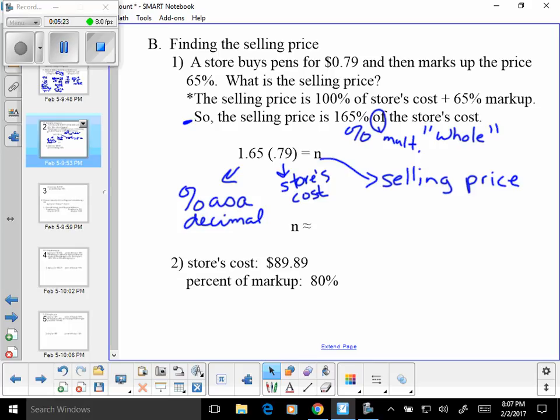If you really have a problem with this, come and see me and I can explain to you how to do it in 2 steps, and if you like that better, go ahead and use it. But if you can learn to do it in 1 step, it's kind of nice. So into your calculator, you're going to take 1.65 times 0.79. Now, because this is money, we're going to round off to the nearest cent. And in this case, it's going to be $1.30.